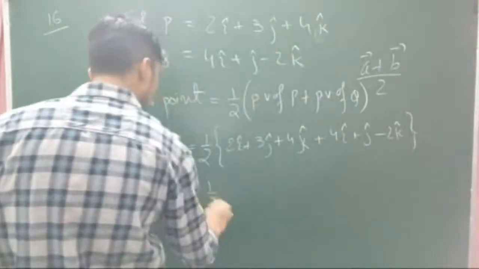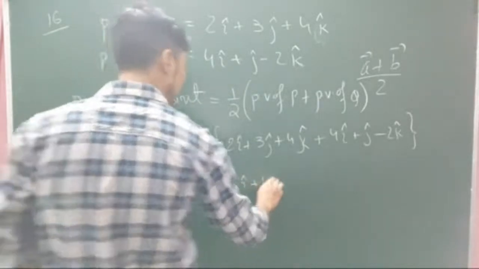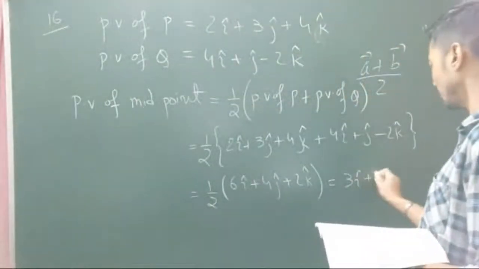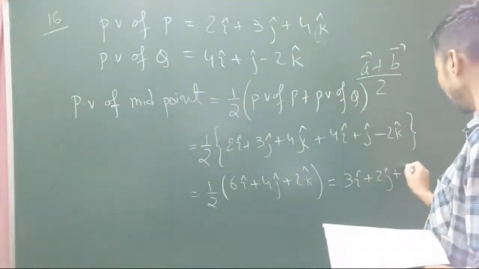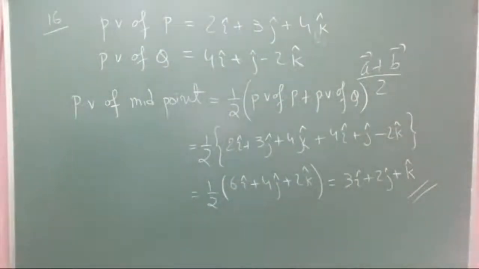So that will be 1 by 2, 2 plus 4, 6. 3 plus 1, 4. 4 minus 2, 2. So that will be 3i plus 2j plus k vector. 3, 2, 1, 0. Boom.